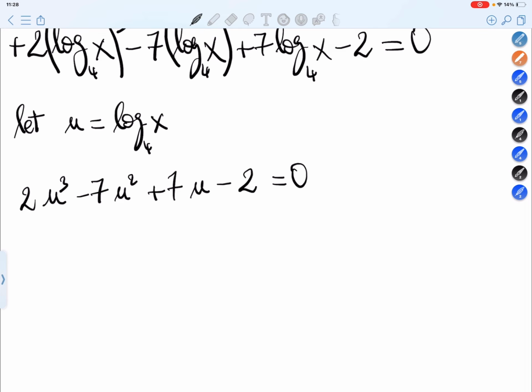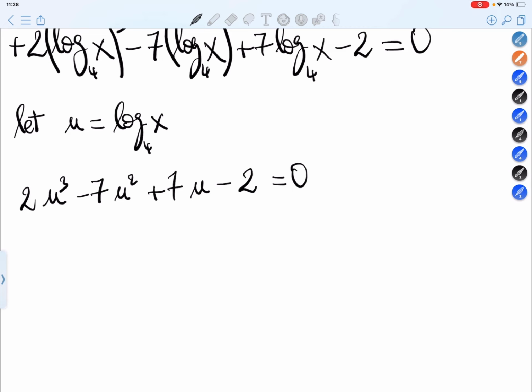Now if we substitute 1 into this u, we're gonna have 2 minus 7, so minus 5, plus 7, then 2 minus 2, so 1 would be a solution of this. Therefore we're gonna use the factor theorem, right?